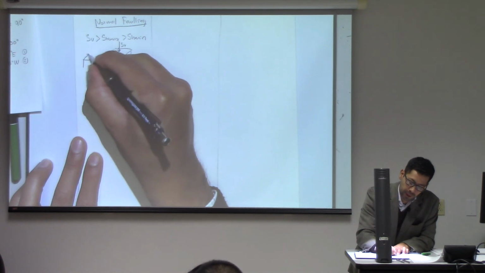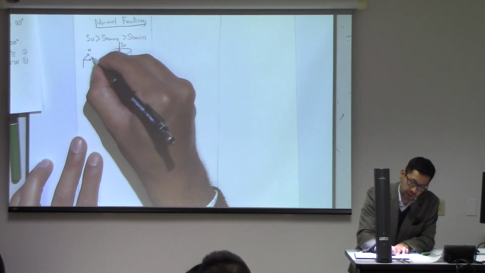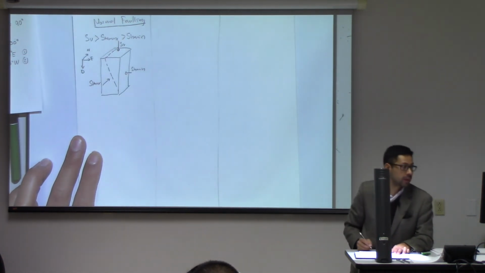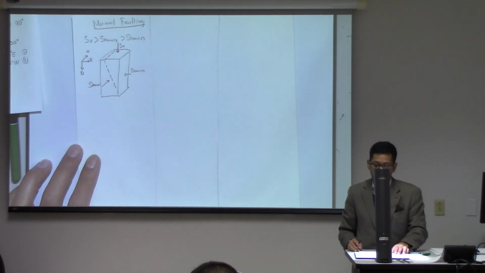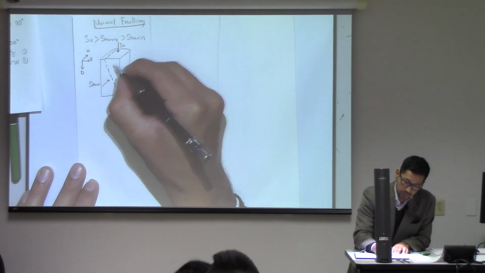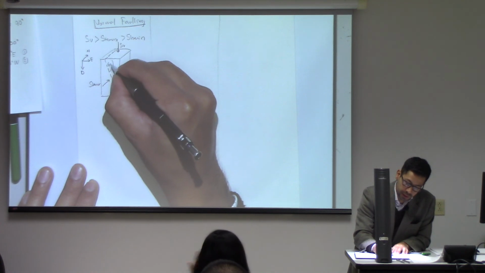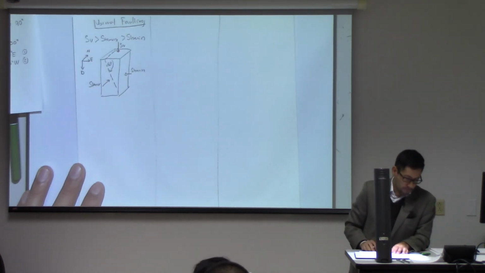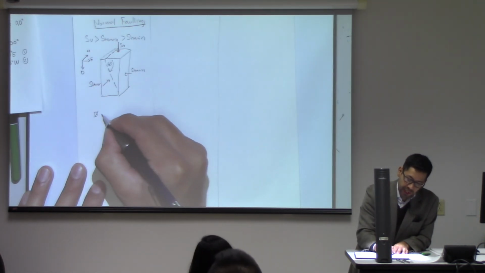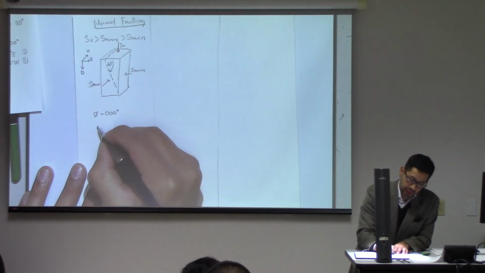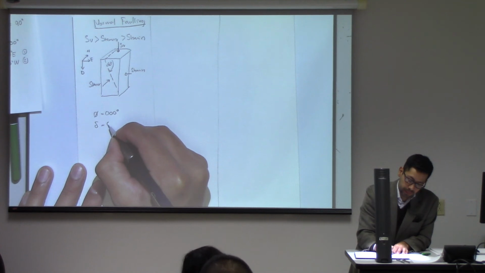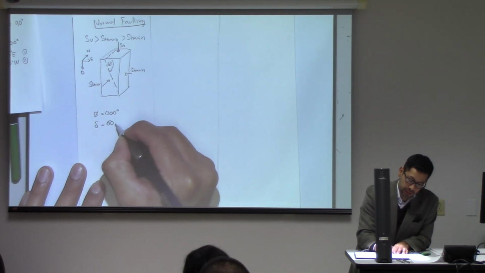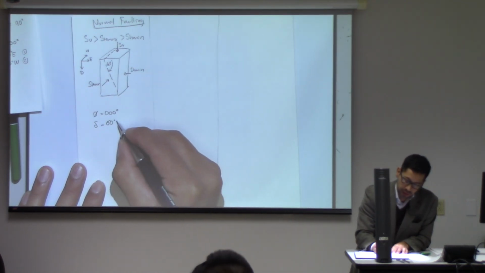Where I'm assuming in this case this is the north, this is the east, just for this case, okay? And this one is 60 degrees. Strike 0 degrees, dip 60 degrees, in this case towards the east.